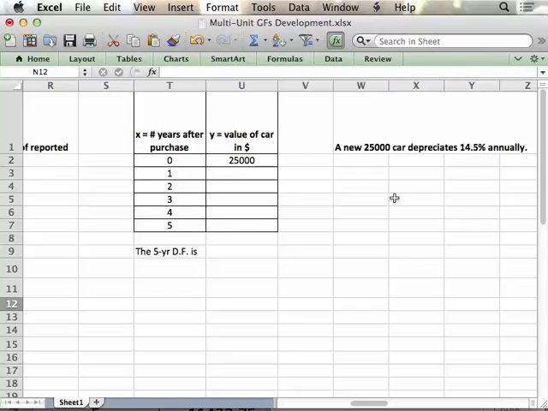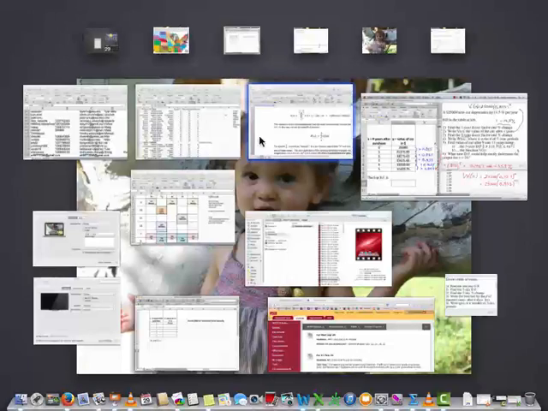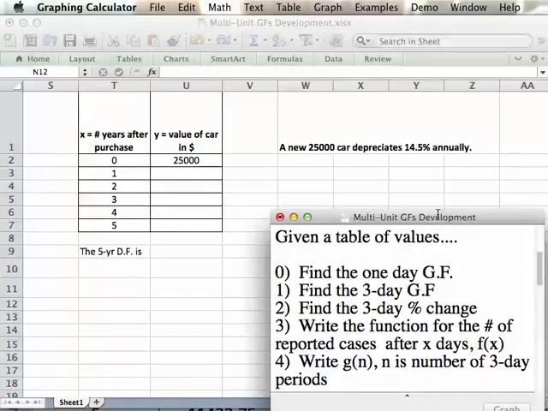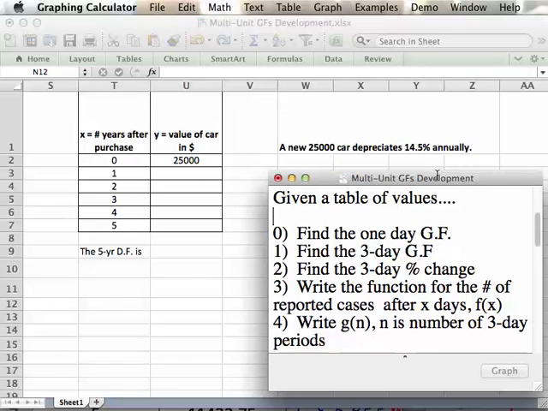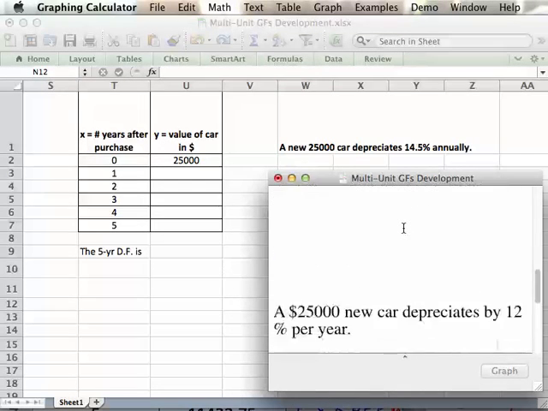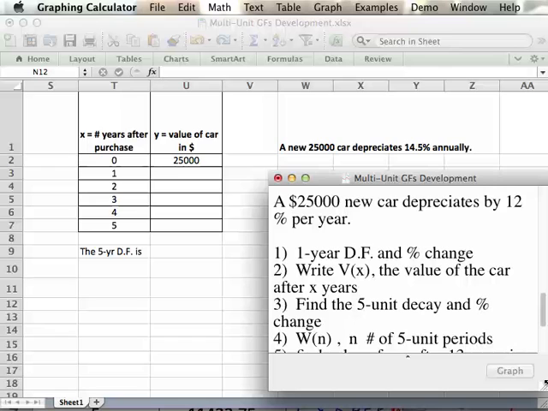Is it big enough in the back? That's better. Okay. So a new $25,000 car depreciates, I guess I changed this to 14.5%.